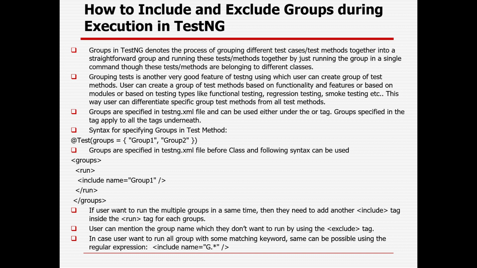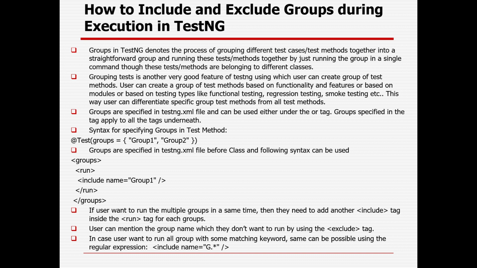Grouping tests is another very good feature of TestNG, using which a user can create groups of test methods based on functionality and feature, or based on modules, or based on testing type like functional, regression, integration, UAT, smoke, etc. This way, the user can differentiate a specific group of test methods from all test methods.